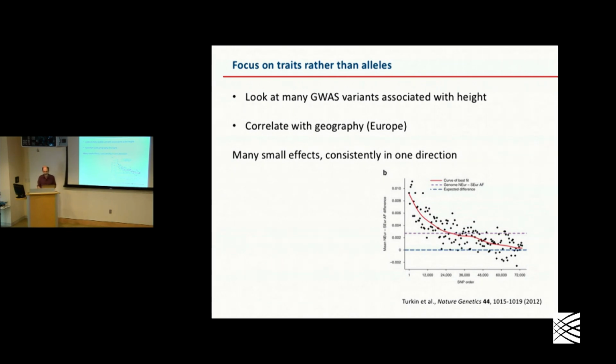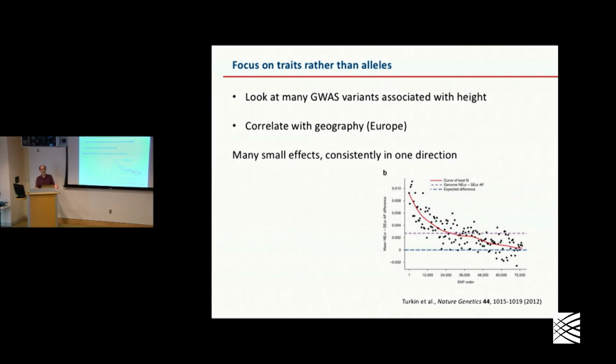And one important conceptual way of doing it is to look at a trait rather than an allele. Look for selection on a trait. And this is an early example of this. This was from 2012 from Joel Hirschhorn's lab, looking at stature. And what makes this possible now is basically GWAS, because we now know lots of variants that are associated with lots of traits.